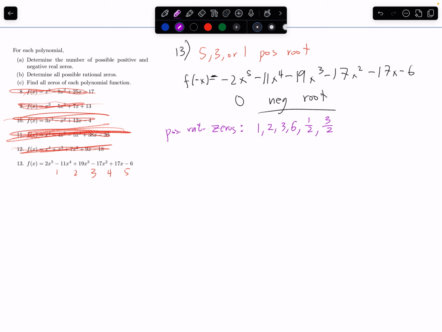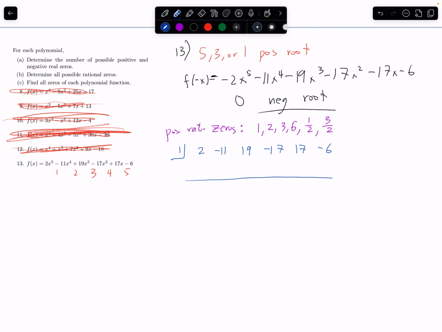Okay, so we're going to start with the usual. Start with 1 and just see what happens. My coefficients are 2, negative 11, positive 19, negative 17, 17, and negative 6.